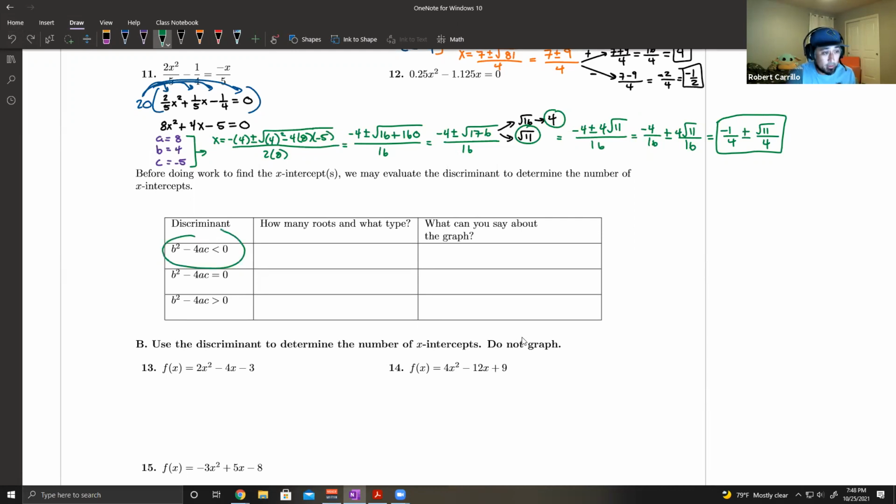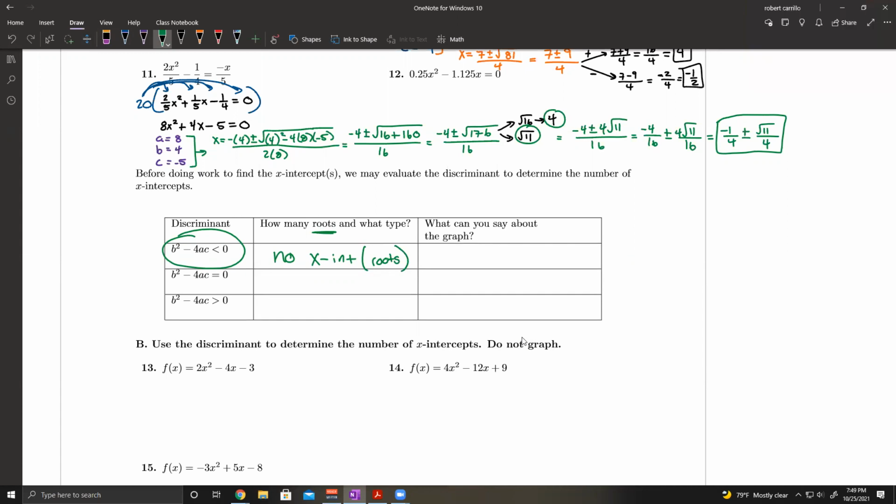If the discriminant happens to be less than 0, this means you have no x-intercepts. Whoops, I put the dash on the wrong part. This means you have no x-intercepts, or what they're calling them here are roots. And if you have no x-intercepts on a parabola, do you touch the x-axis?